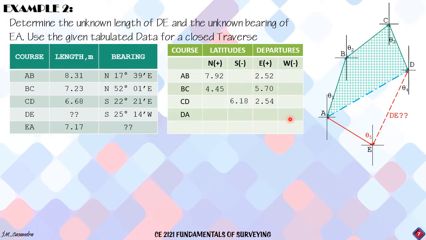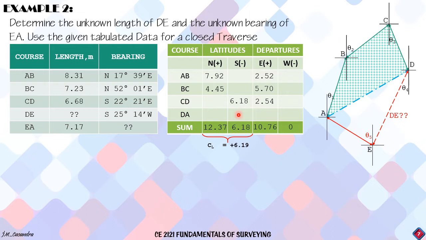So we analyze now the new traverse as a traverse with one missing side. With this, we compute the sums of latitudes and departures. For northings, we have 12.37. Southings, 6.18. Eastings is 10.76. And westings is 0.